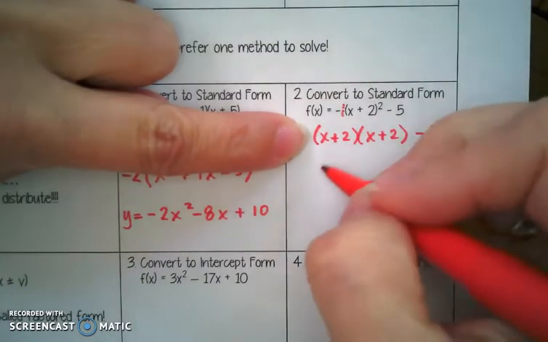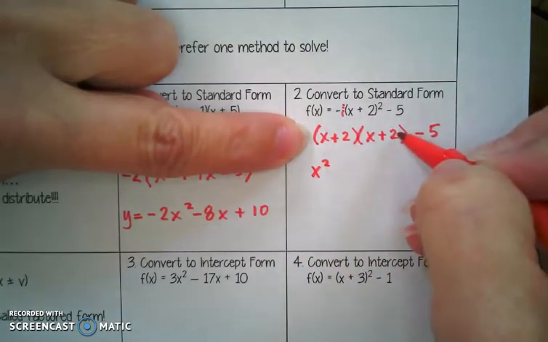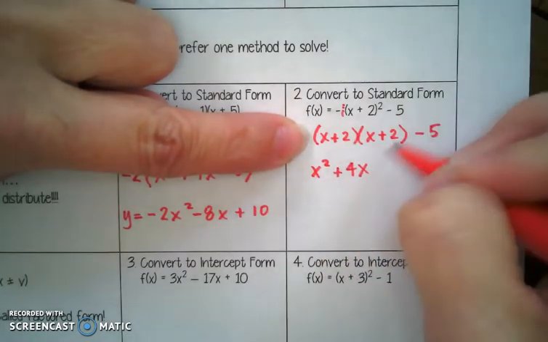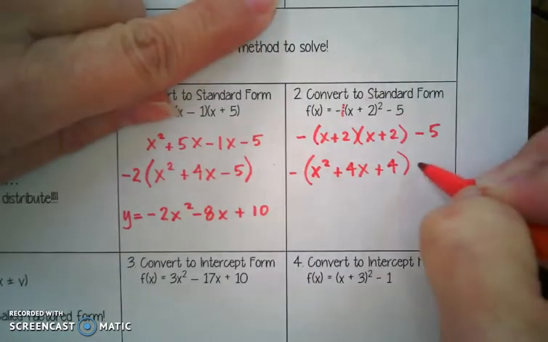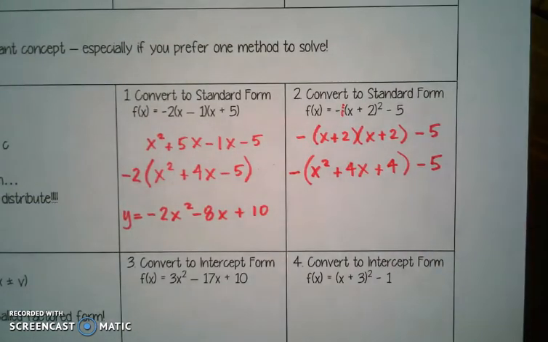But I'm going to do this one mentally. So I would get x squared outside and inside would add up to 4x, and then last would be plus 4. So now this is what we have. So I'm putting this back inside parentheses because this -5 is not included with this.